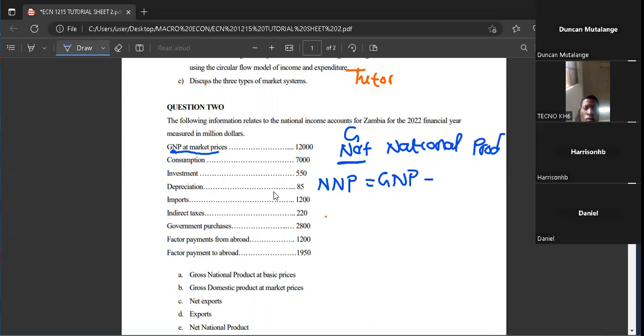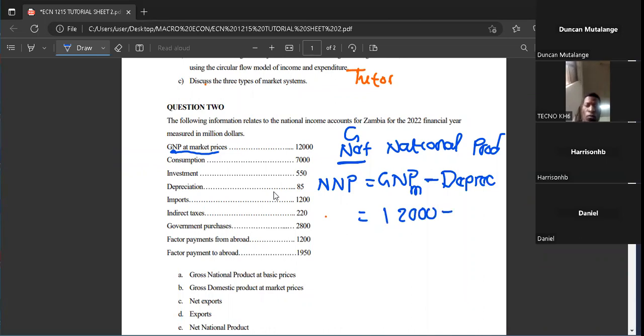If they've not mentioned anything about basic price or market, then if it's just net national product, it means it's at market price. So you get your GNP at the market price, then you're going to subtract what? The depreciation. Okay. So our GNP at market price is equal to what? We already found it. It's the 12,000.